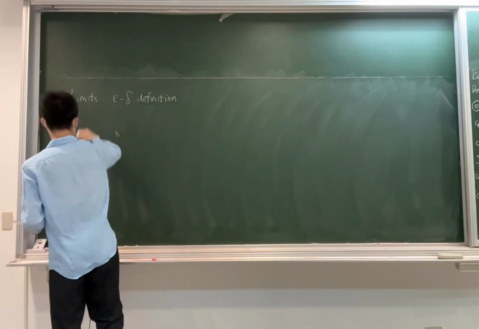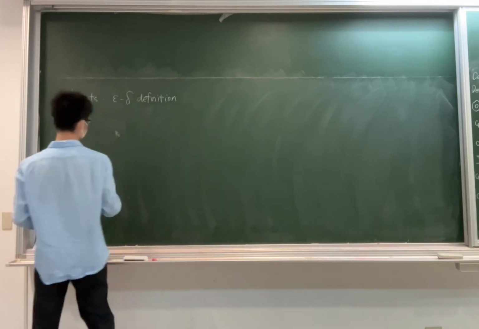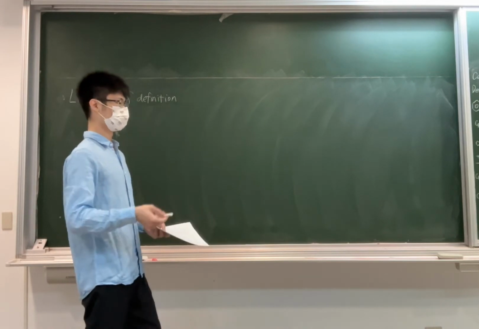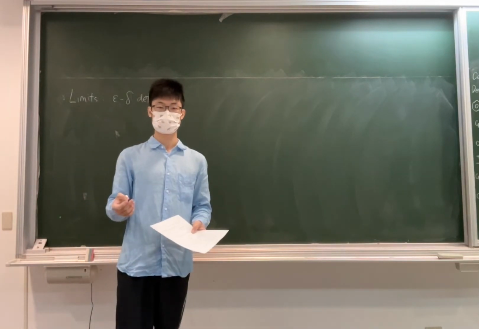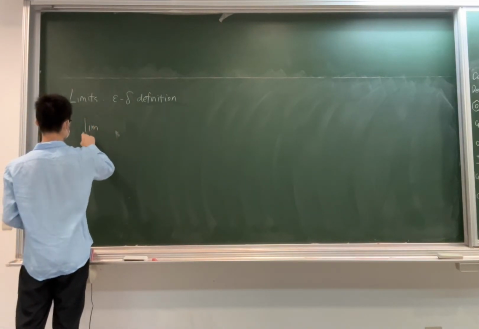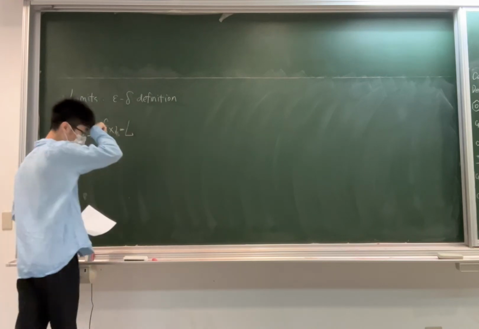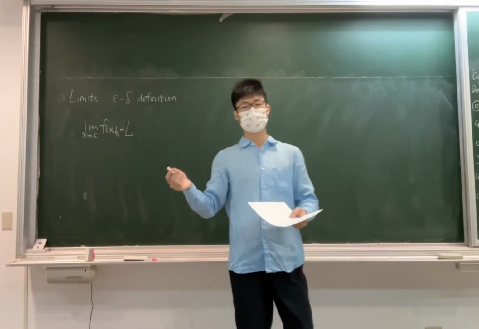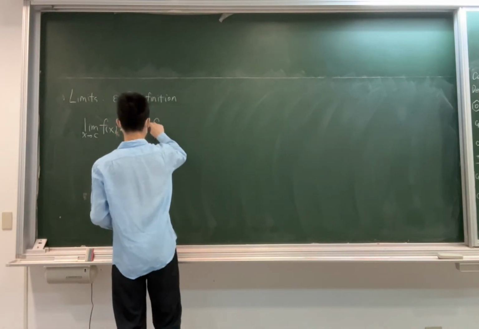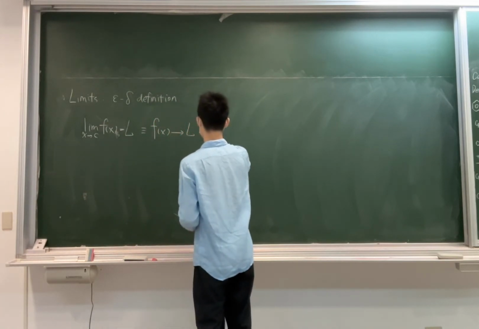And I have to say one more thing: that was the notation. The notation means that we use words to show what we want to say. So that is actually just literally notations, which can be turned into other ways, such as f of x tends to L when x tends to c.